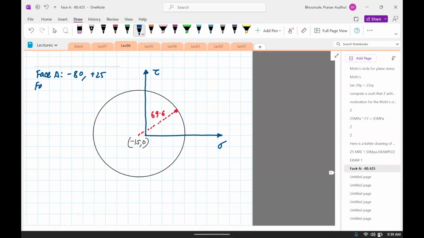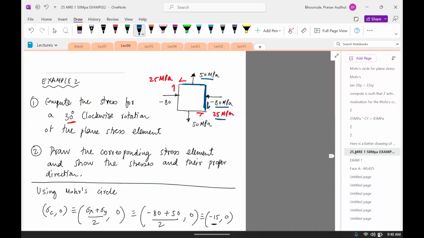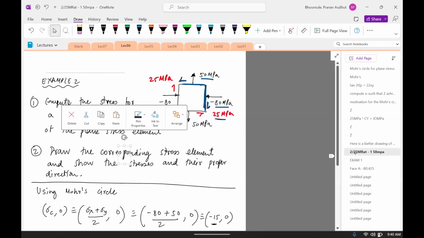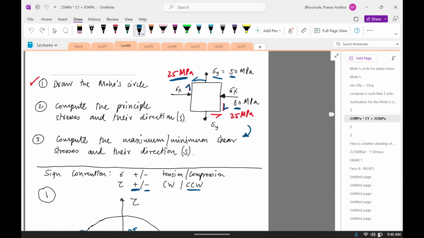If you want to do that for face B, the stress here is 50 MPa, tensile, so it's positive. And then on this face, we have the shear stress, which is acting in the counterclockwise direction, and that's negative. Let me just check my convention. I think I wrote it down earlier. So clockwise will be positive, counterclockwise will be negative.